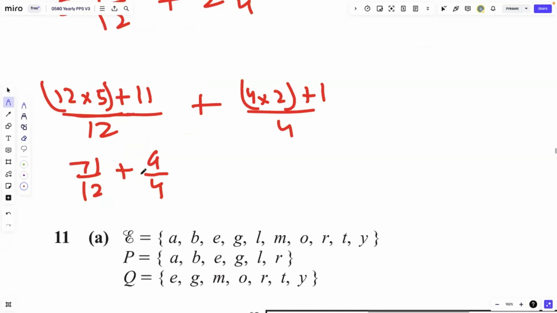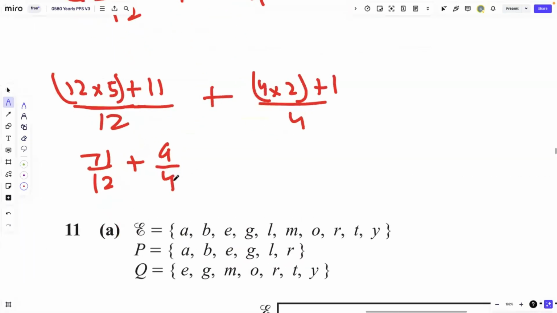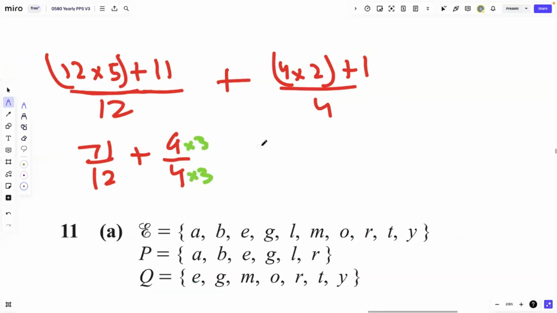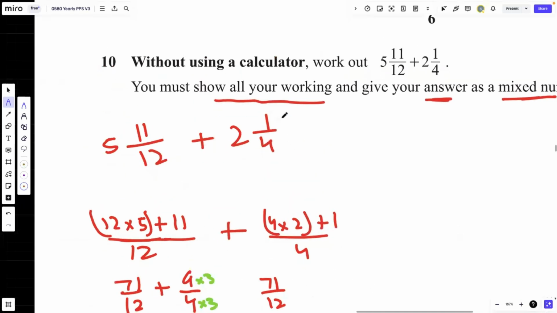We'll actually have to take the LCM here to solve this further. So we'll take 12 and 4. The common denominator should be 12, or the least common multiple should be 12. So we'll multiply 4 times 3, because 4 into 3 also gives us 12. We'll have to do it with the numerator as well. So that's going to give us 71 over 12. Make sure you do all of this instead of using the calculator, because you're supposed to show all the work.